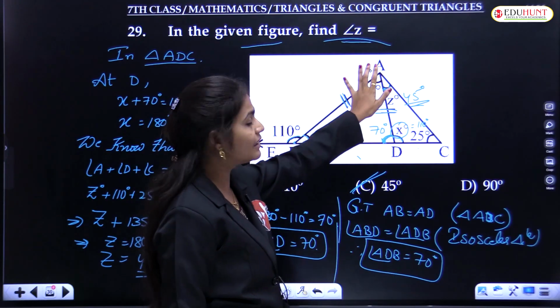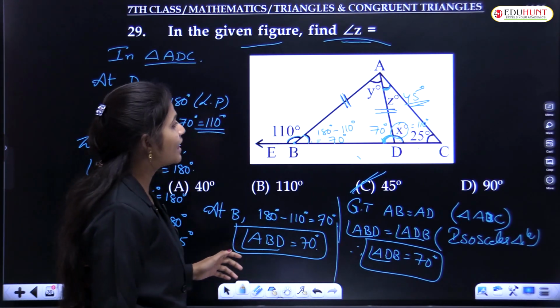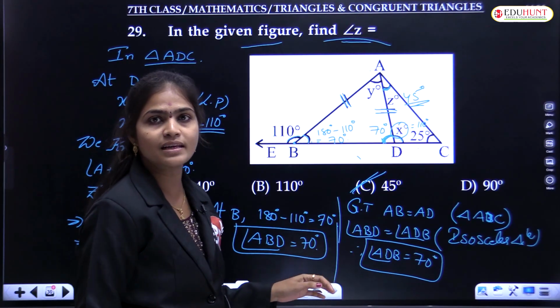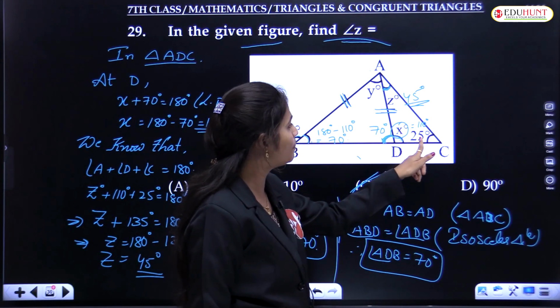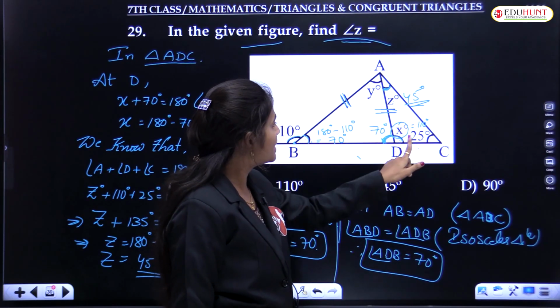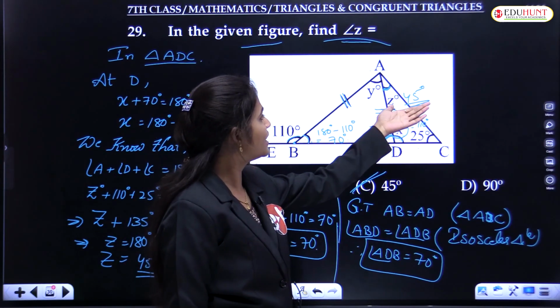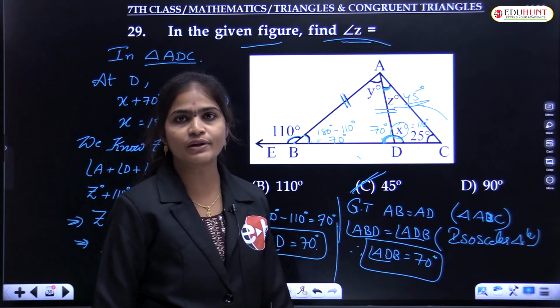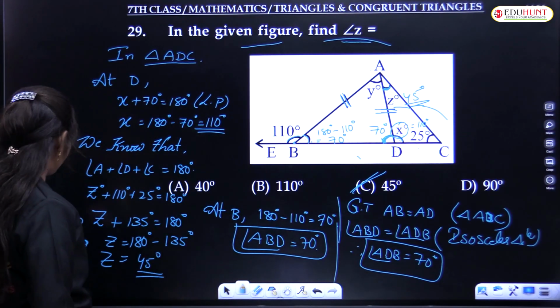Now we take triangle ADC and apply the condition that the sum of all interior angles is 180 degrees. So Z plus 110 degrees plus 25. From that condition we get Z is equal to 45 degrees. Is it clear, children? So let us see the next one.